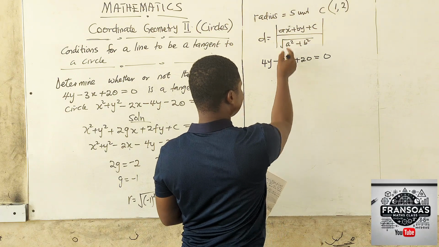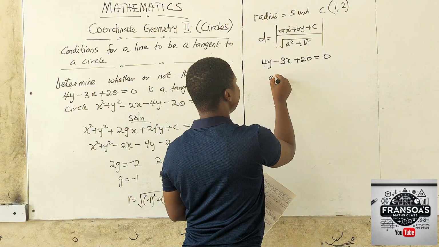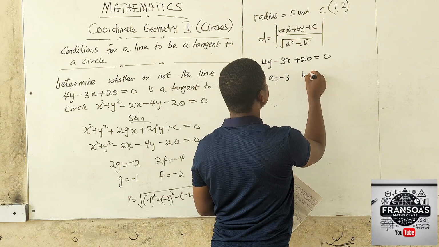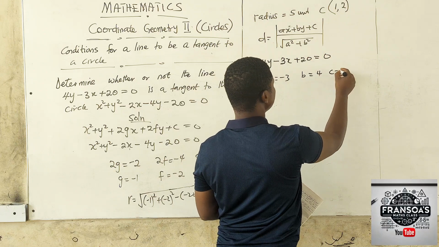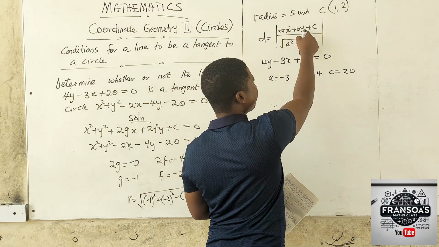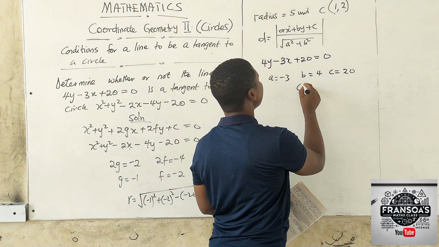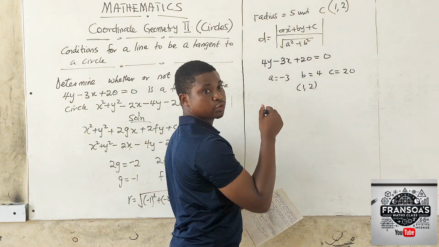Comparing that, a is the coefficient of x, so our a is negative 3, our b is equal to 4, and our c is equal to 20. Then for the x and y components we are going to use the center, that's (1, 2).